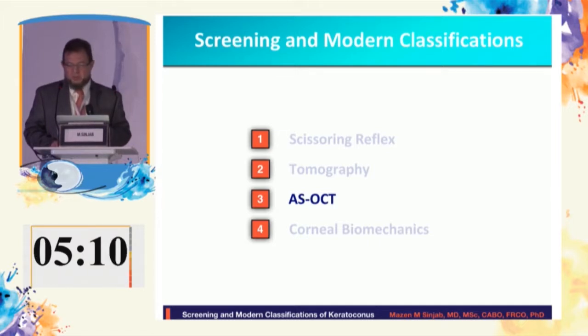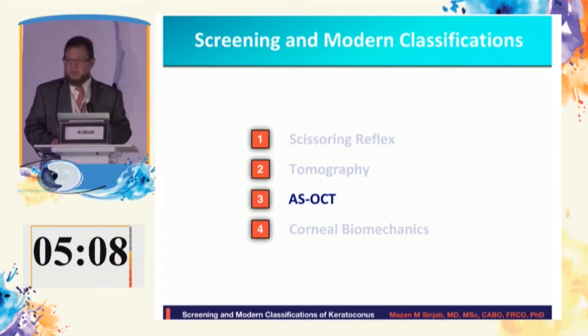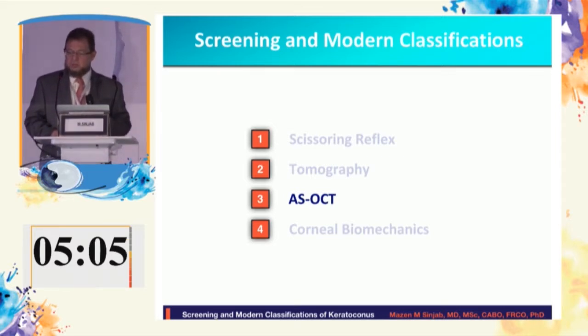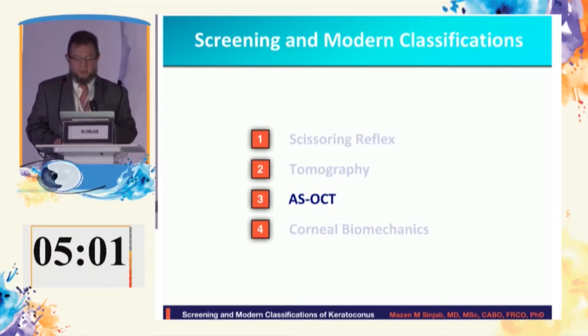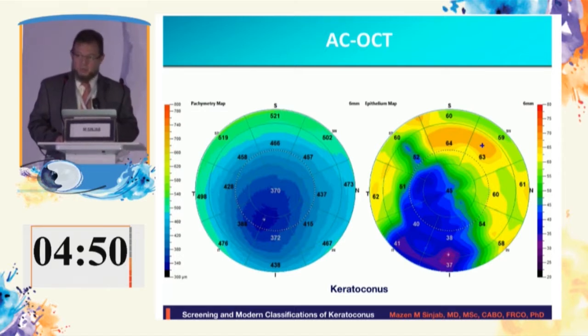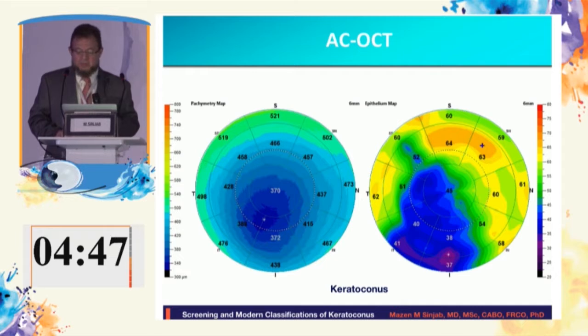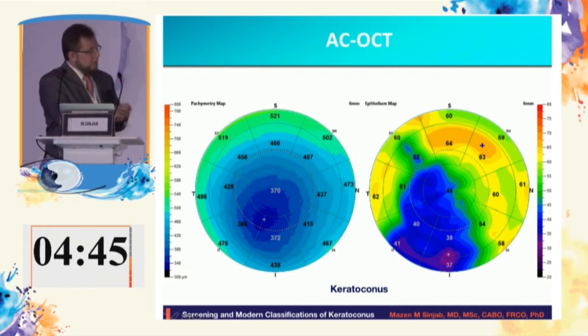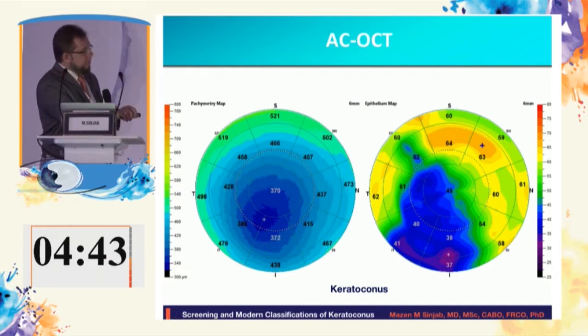The anterior segment OCT is a very important new tool in order to discover cases of keratoconus before topographic changes. Why? Because epithelial mapping can show focal thinning of epithelium over the cone while the topography is still normal. As you see, this is a pattern of keratoconus. On the right side, this is focal thinning of the epithelium.